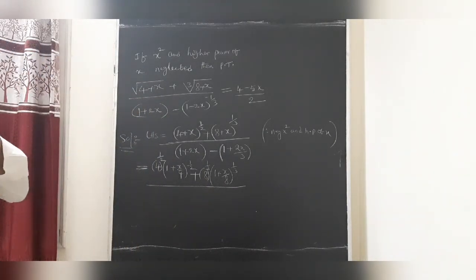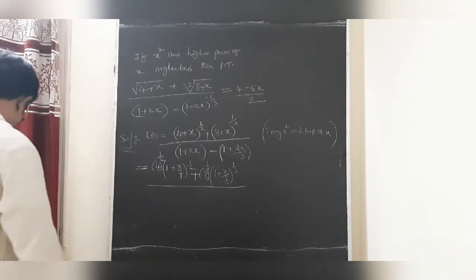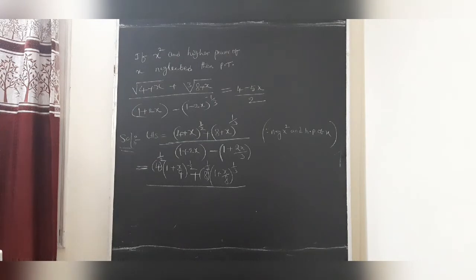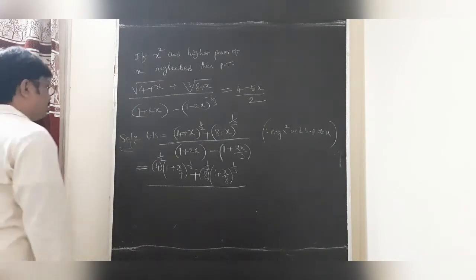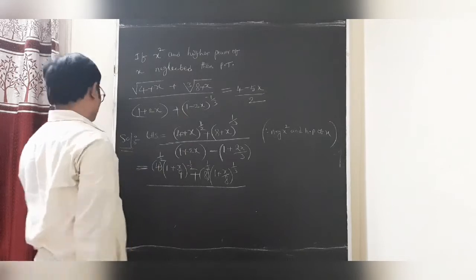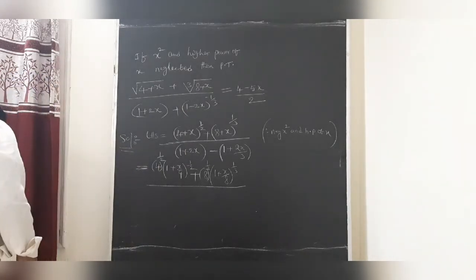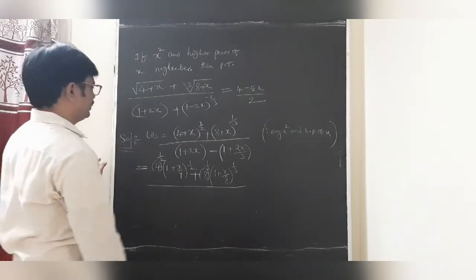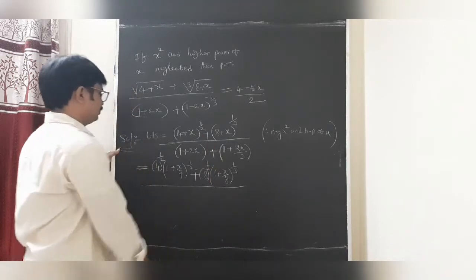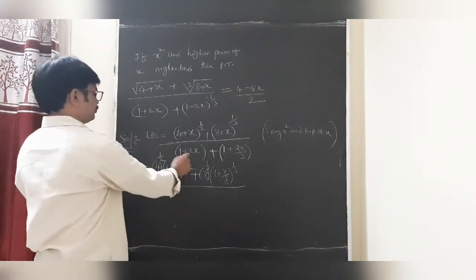Okay students, right now we observe what is there. The 1 plus 2x was given here, plus 1 minus 2x whole power minus 1 by 3. Dear students, 1 plus 1 is 2.